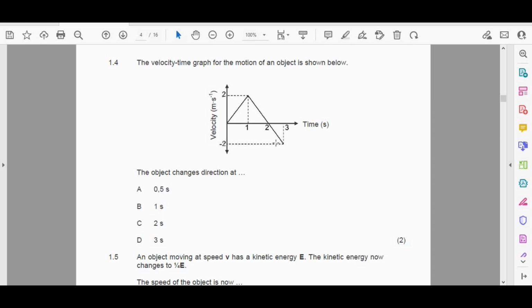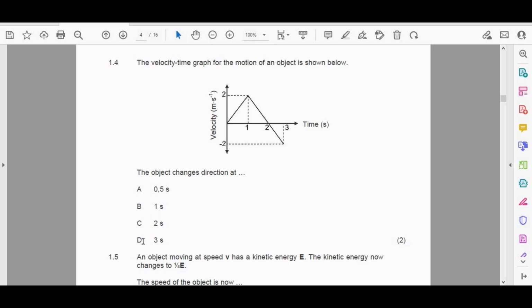So, the object changes direction at how many seconds? It cannot be A, 0.5 seconds, as that is while his velocity is increasing in the positive direction. It cannot be B, because B is when he reaches his maximum velocity.